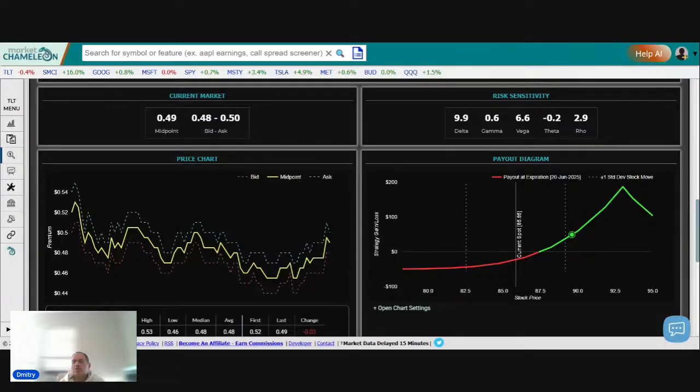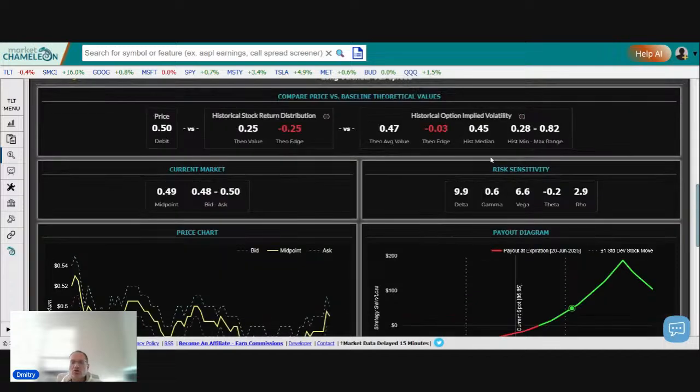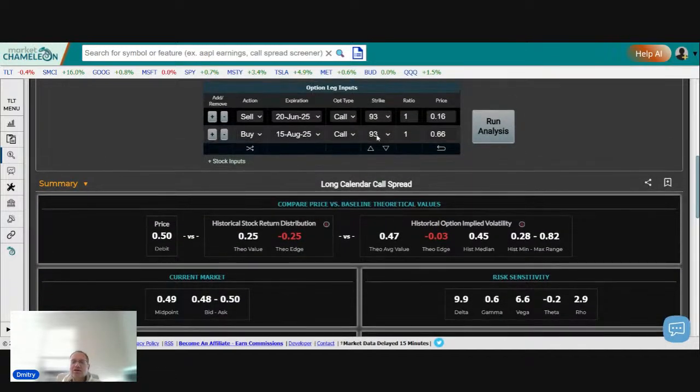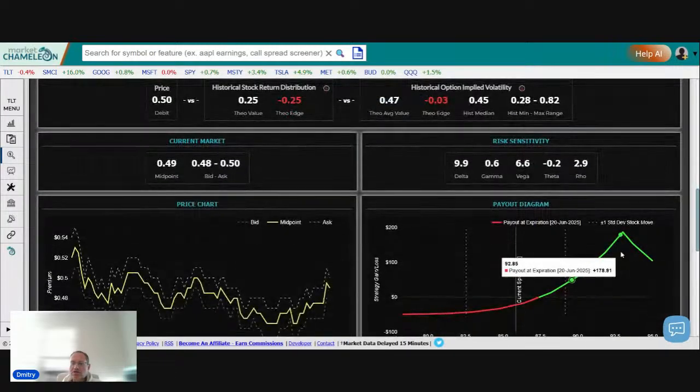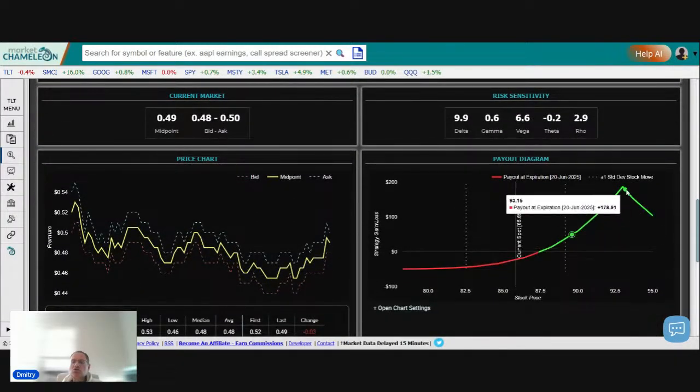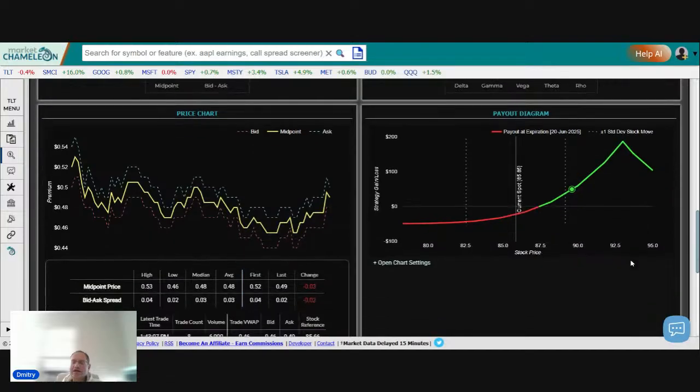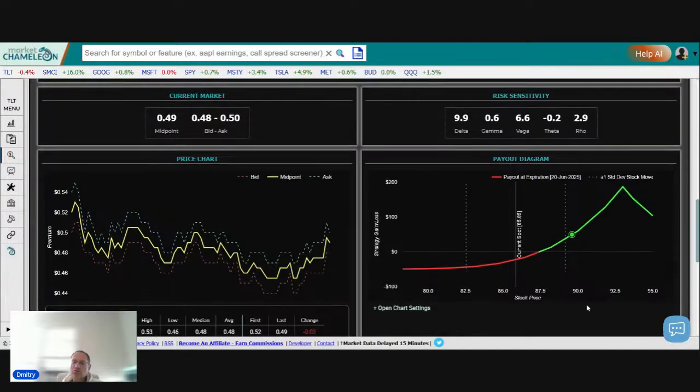But we don't know what the implied volatility of the August 15th option will be at that expiration. So this one right now is by default just using the current implied volatility, if there's no change in the implied volatility.